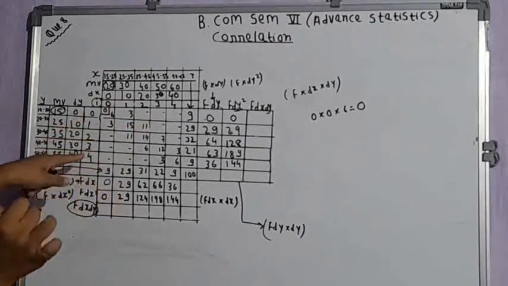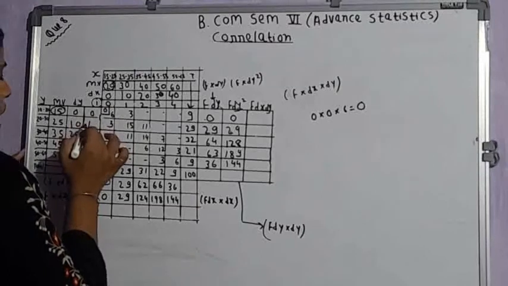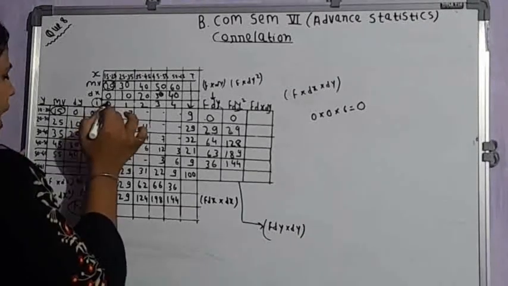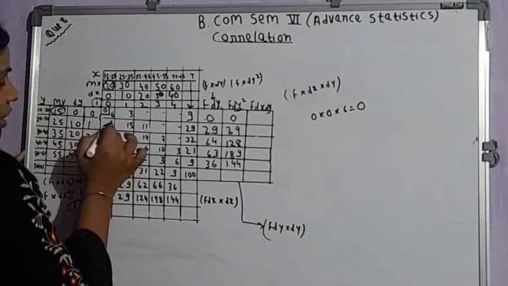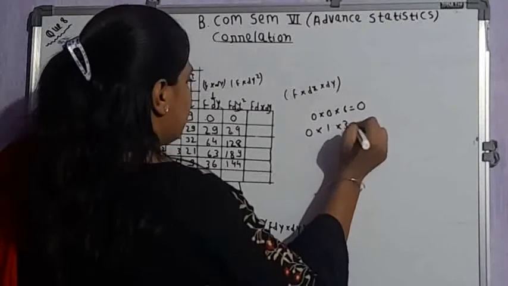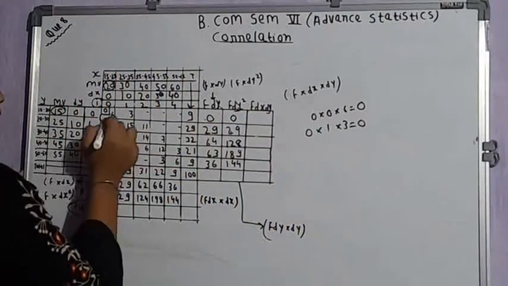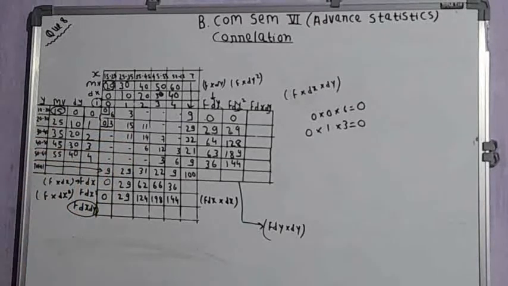In case of 3, dx is 0, dy is 1. 0 into 1 into 3, so it will again become 0. Here the frequency is not given, which means the frequency is 0.